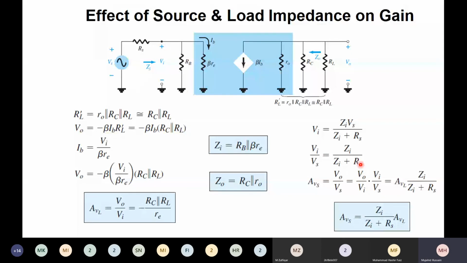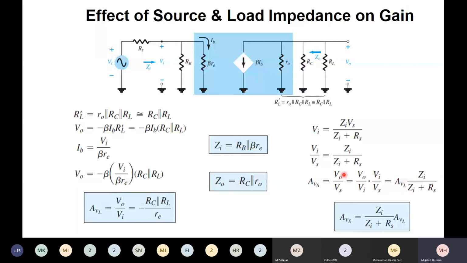The overall voltage gain will be, as we have studied before, Vo over Vs, the ratio of the output voltage to the source voltage Vs. We can rewrite this equation by multiplying it with Vin and dividing it by Vin.